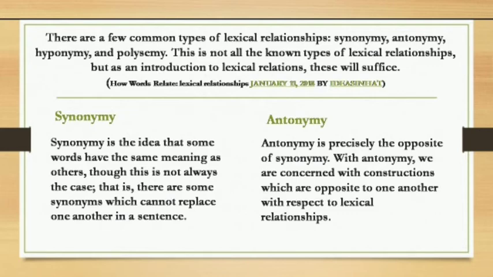For example, ice and hot, beautiful and ugly, and big and small. These words have meanings which are opposite to one another, and these opposite meanings come in two forms: categorical and continuous.